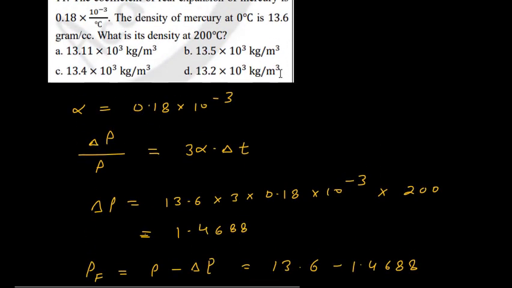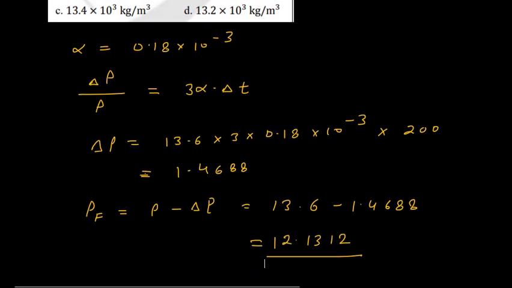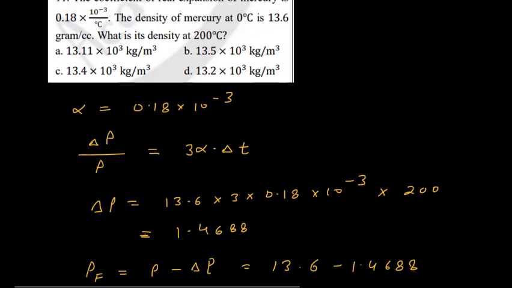Delta rho is 13.6 into 3 into alpha, which is 0.18 into 10 power minus 3, into 200. There is a rise in temperature of 200. Acha, the problem is of unit.